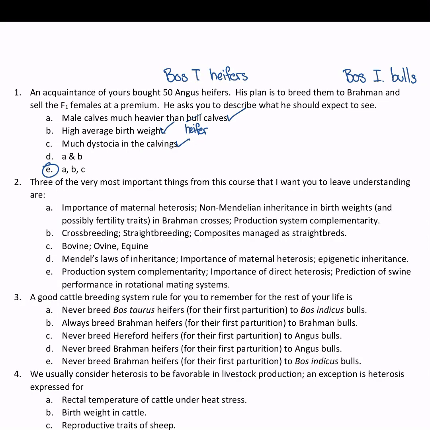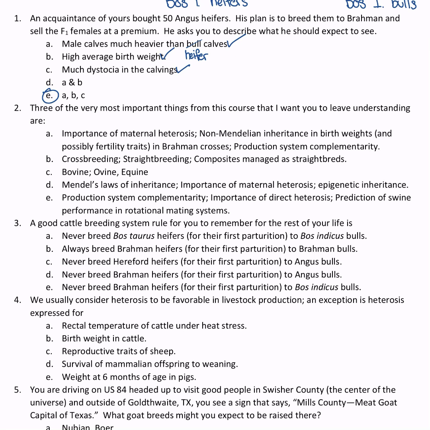Continuing on to number 2, three of the very most important things for this course that I want you to leave understanding. So while breeding systems are very important to understand, it's probably not one of the very most important things he's asking for. Bovine, ovine, and equine, yes, it's important to know the species names, but once again, not one of the most important things.